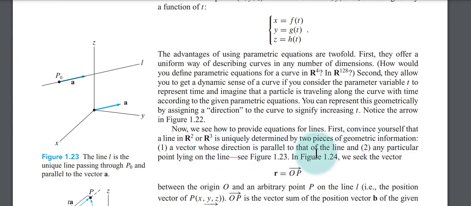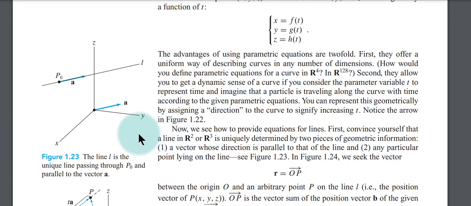So typically, when we're talking about a line in the plane, we often say that a line is determined by 2 points, right? Once we know 2 points are on a line, we know what line that is. But here we're saying a line can also be uniquely determined by two pieces of geometric information. And what two pieces are they talking about? One is a vector whose direction is parallel to that of the line. And two, any particular point lying on the line. So what does that mean?